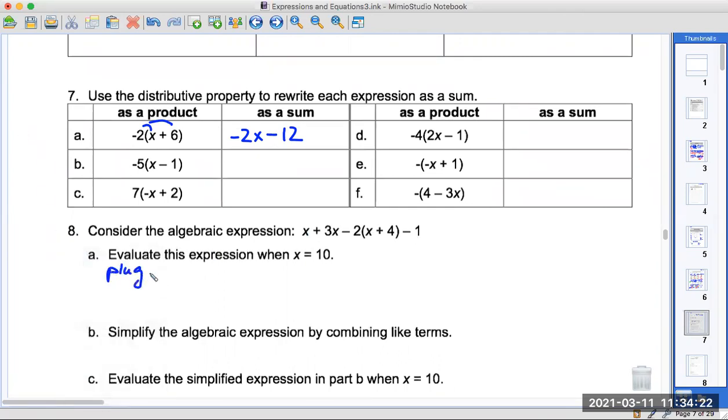I don't like plug in. It's called evaluating. So here comes a 10. Remember, this is 3 times 10. Here's a 10. And you figure out what the answer is.